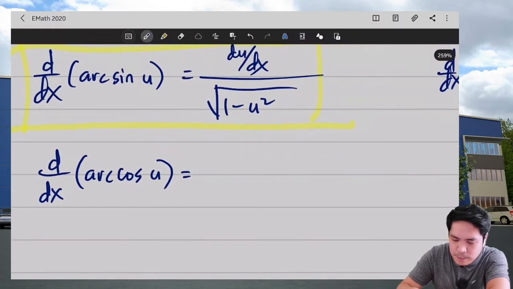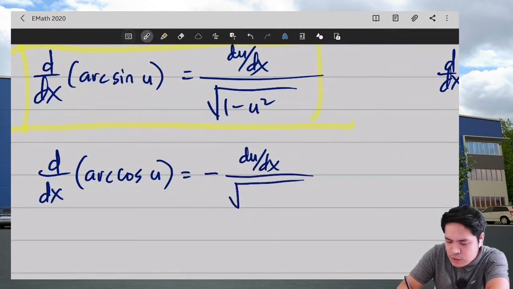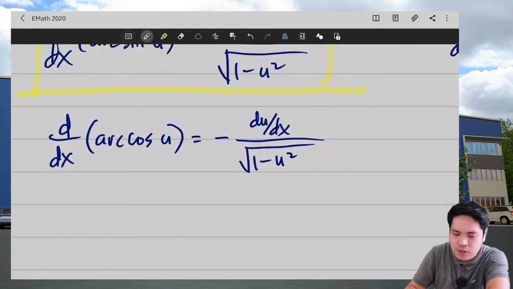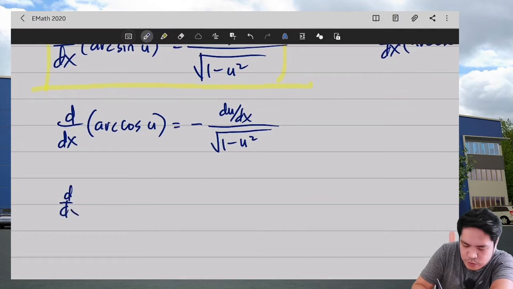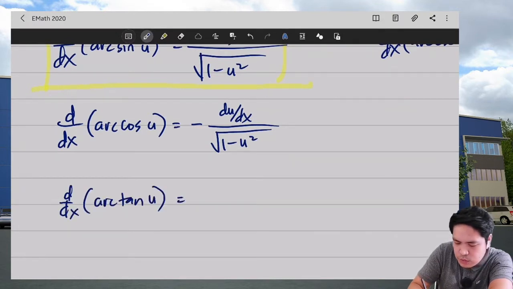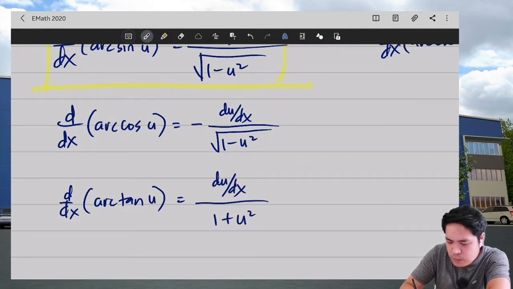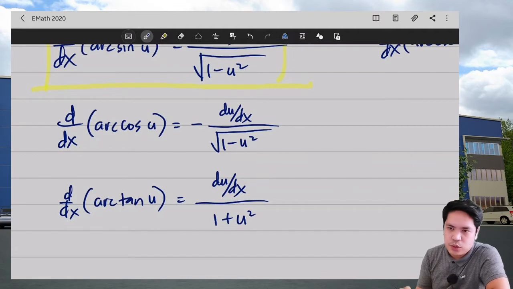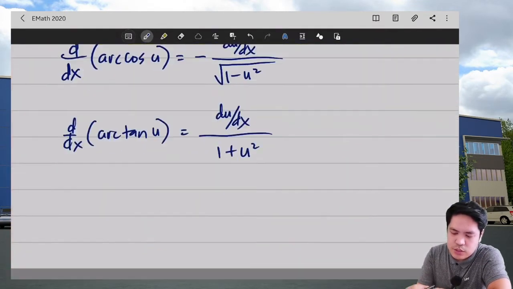That is just equal to the negative of this same one: negative du over dx over square root of 1 minus u squared. So it's easy to memorize. Okay? Then, for the derivative of arc tangent u, the formula is just du over dx over 1 plus u squared. You can prove that using the method I used in deriving.